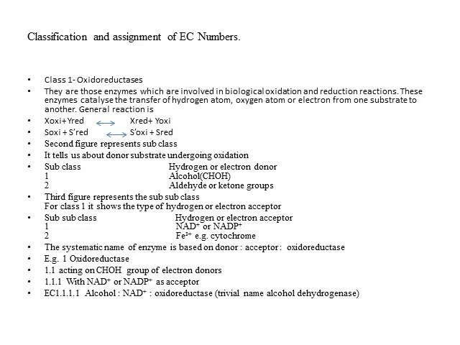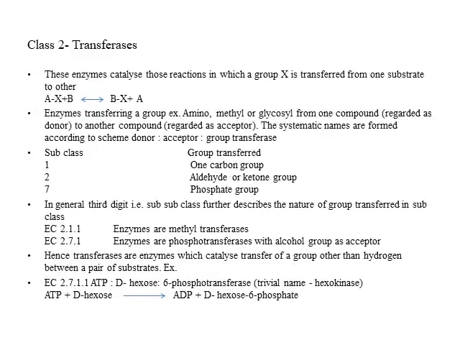Specific example, EC 1.1.1.1 is alcohol:NAD plus oxidoreductase. The trivial name is alcohol dehydrogenase.